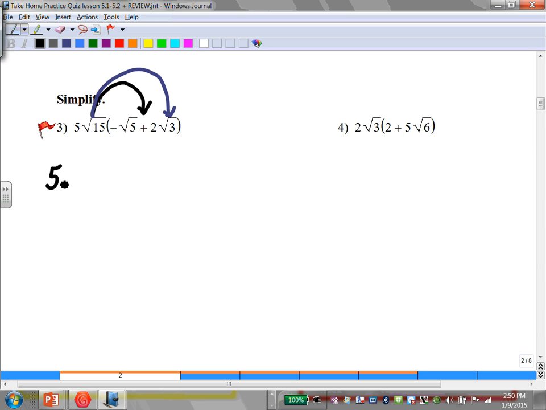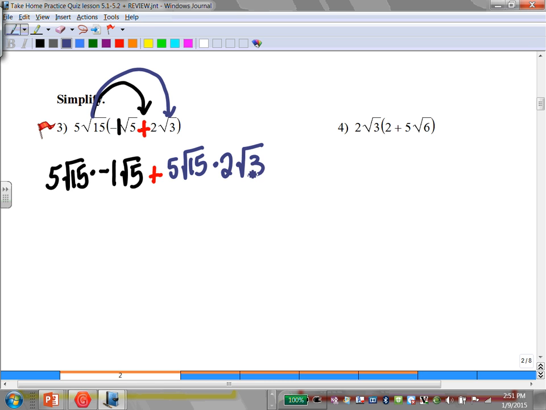That's going to be 5 root 15 times, technically there's a -1 there, -1 root 5, that's the black, plus 5 root 15 again, times 2 root 3.